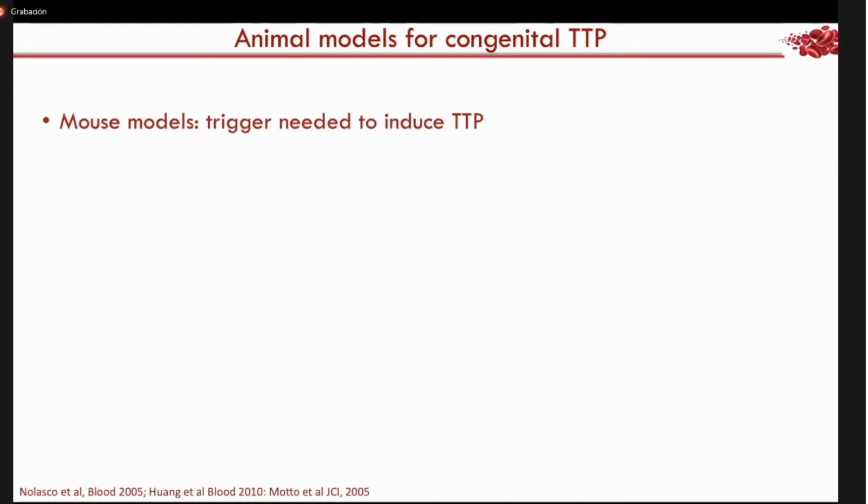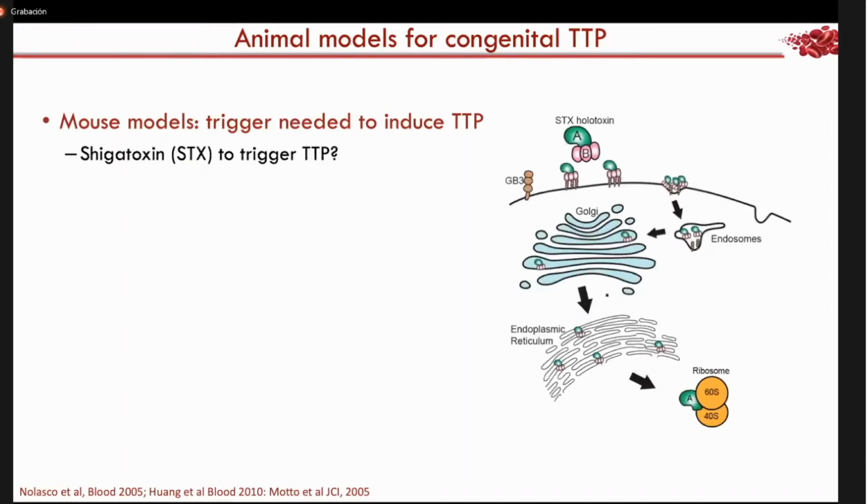So now they looked for a trigger to induce TTP. And the trigger they focused on was Shiga toxin. Shiga toxin is a toxin known to induce the thrombotic microangiopathy, hemolytic uremic syndrome, or HUS. The Shiga toxin consists of an A subunit and a B subunit.